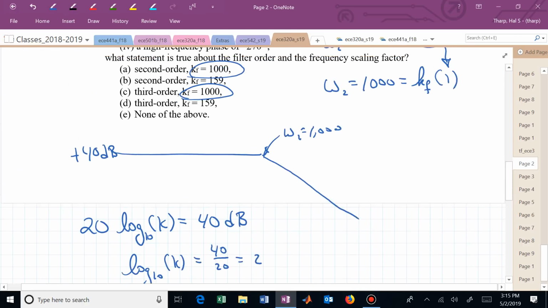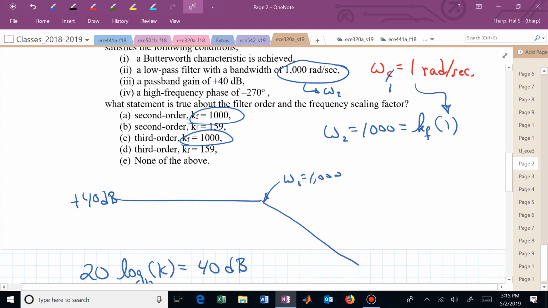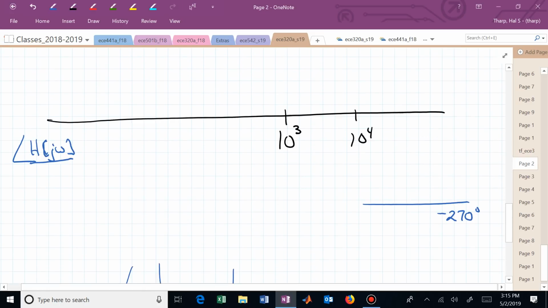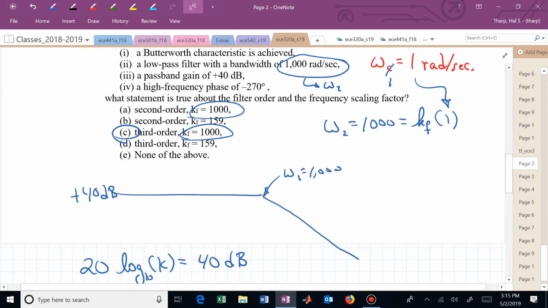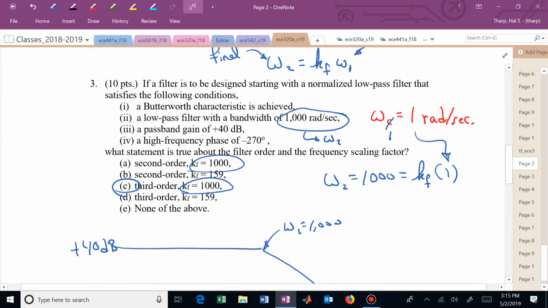That's our filter order, and so now you know that it's answer C. That this minus 270 is actually saying we have a third order system. And in that case, you could now say, oh, I've deduced that this must be C is my answer for this particular problem.